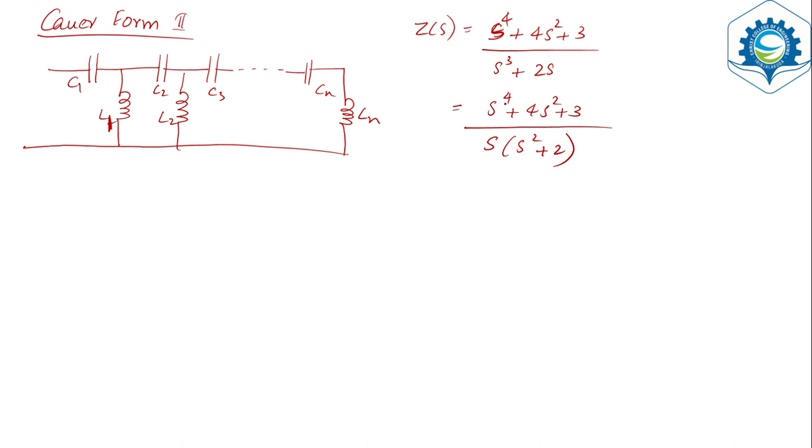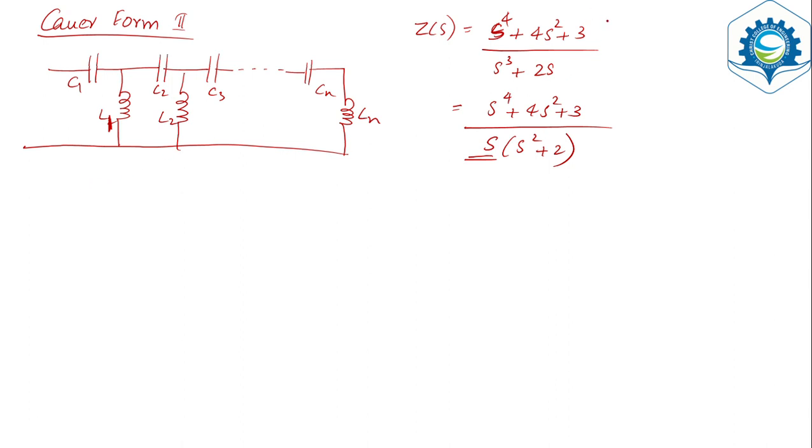For Cauer form 2, the standard form is that the denominator should have s as common, or in other words, the pole should be at 0. If it is so, then you can follow the same figure. Now, again, you have to do the continued division. This was just for our information. While solving Cauer form 2, you have to take the powers of s in increasing order.